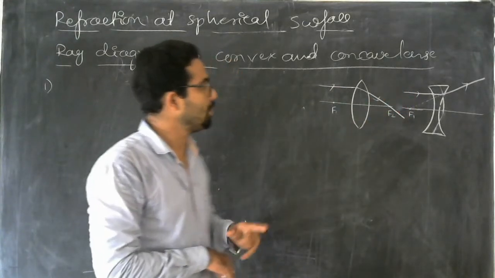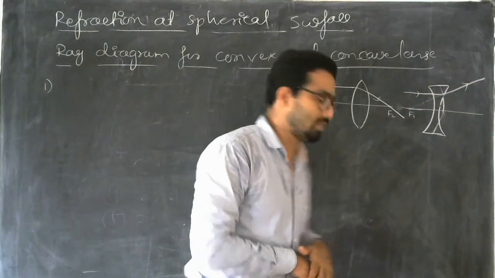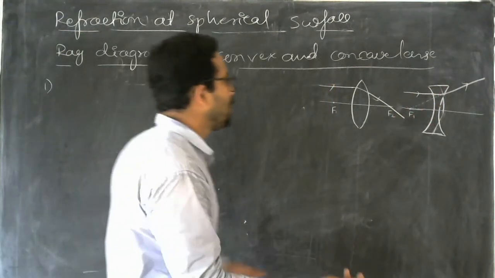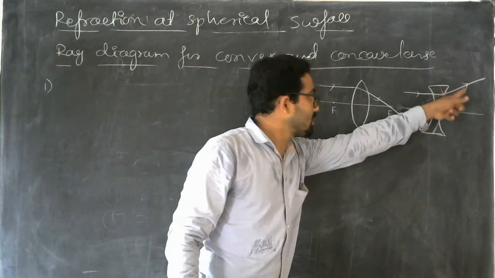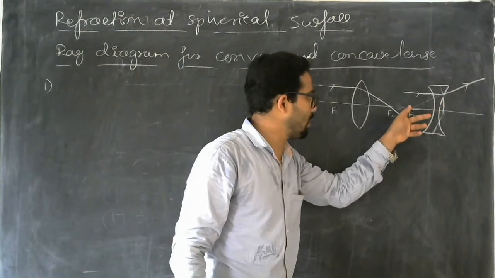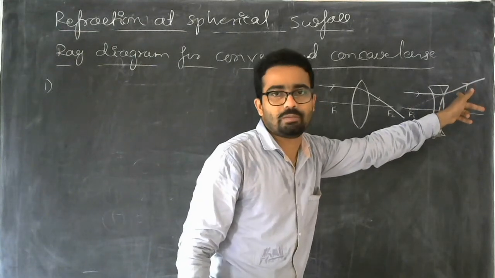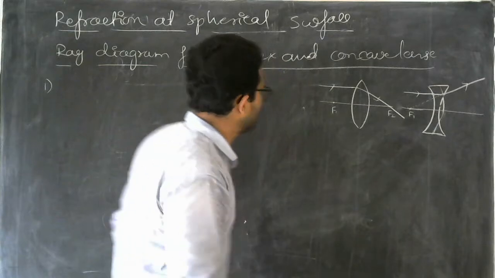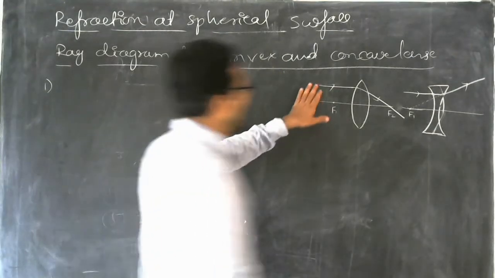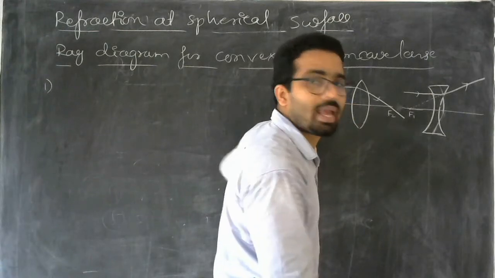So in other words, this ray appears to diverge. This is a converged one. From this point, the ray appears to be diverging. This is what happens when the ray moves parallel to the principal axis.